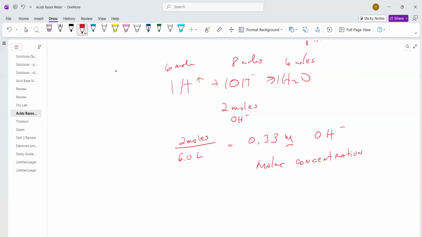Those two are always present. Whenever they're present together, they immediately form water, because water is super stable. But if you don't have enough of one of them to go around, then that one's going to be left over. In this case, we had too much OH. So H is acid, OH is the base. Exactly.